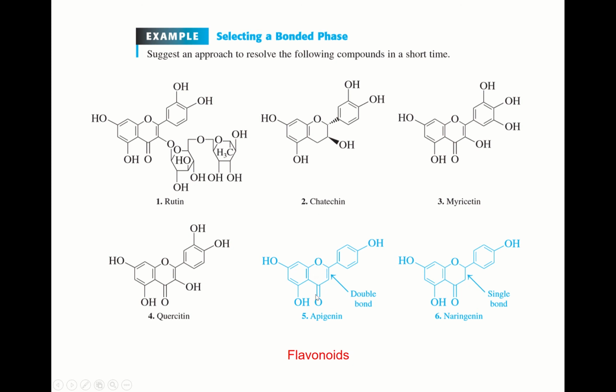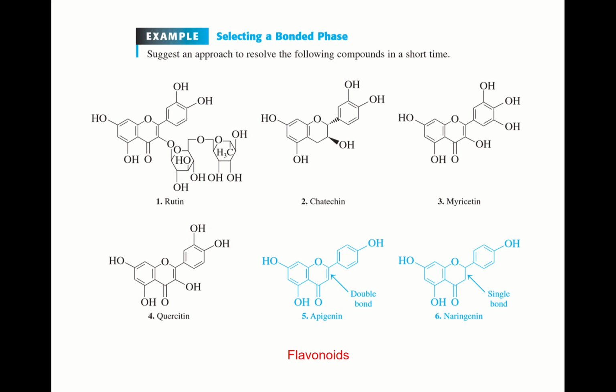When you find double bonds and single bonds alternating, those are pi electrons. So pi interactions will be there.